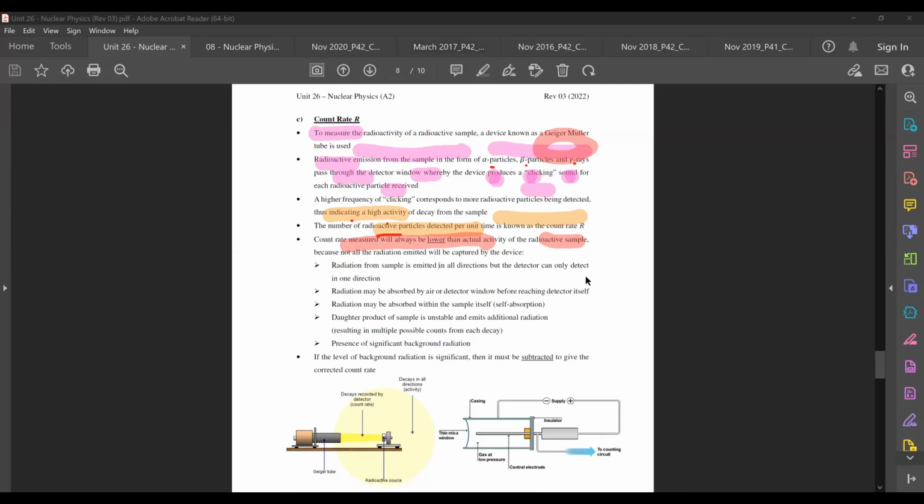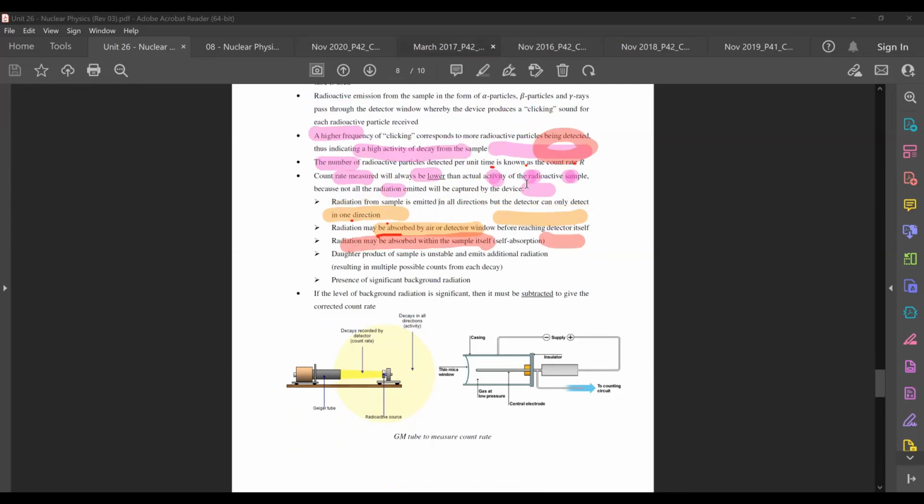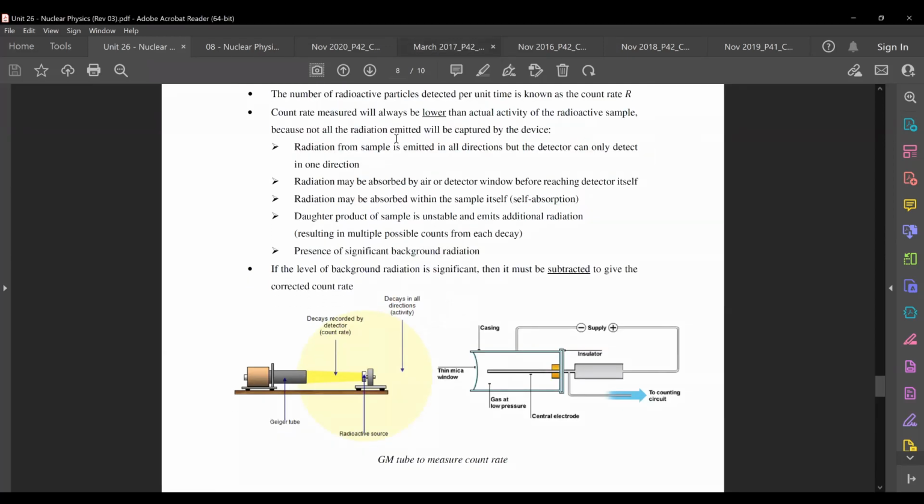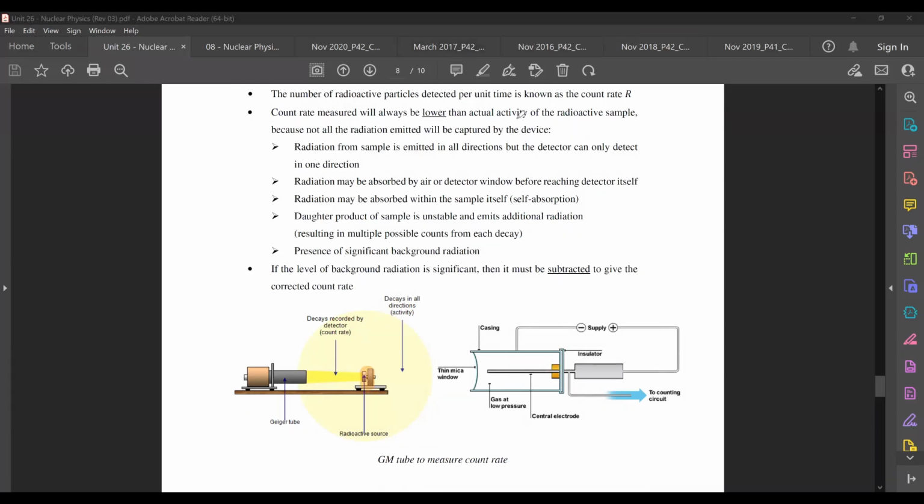An example of how they do radioactive measurements could be something as shown below. Say this is your radioactive source and your Geiger-Müller tube is this one. Your radioactive source will emit radiation, but the radiation propagates outwards in the form of a sphere like this.